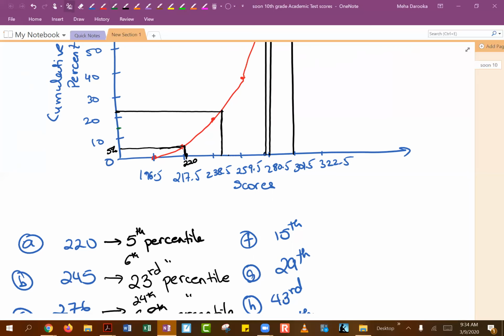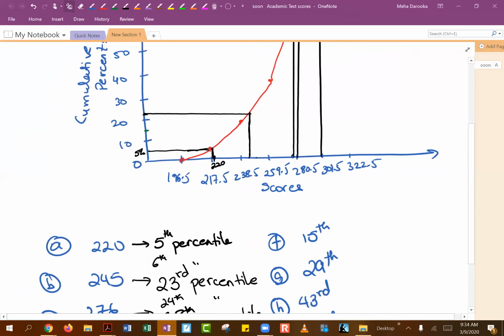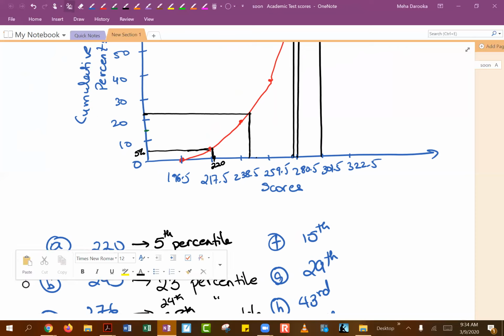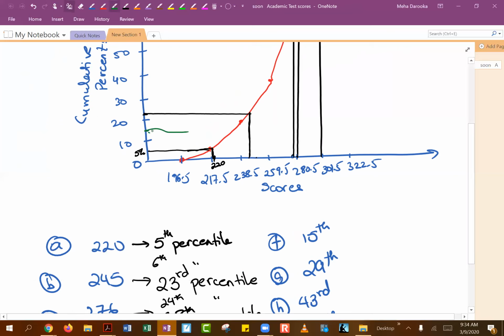Same process: go on till you hit the curve and then draw your horizontal line from there, something like that.